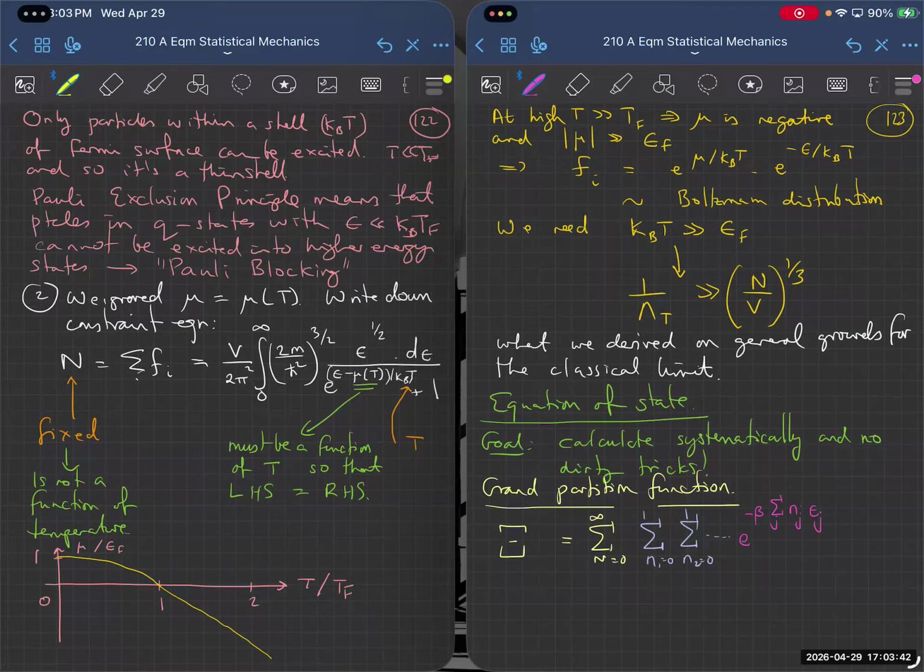Then I have to put in the chemical potential, which is a term that looks like e to the minus beta mu times the occupation number n_j. So that is the grand partition function.